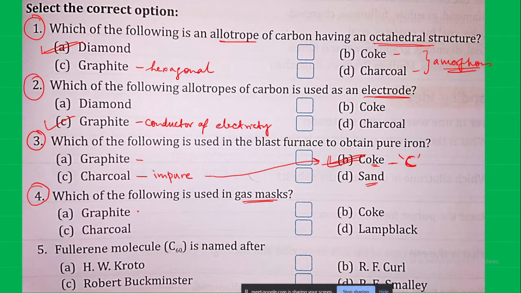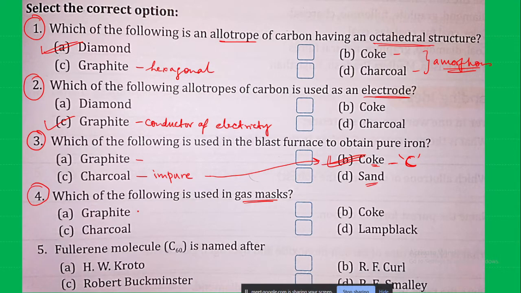Various forms of an element which differ in chemical properties but have identical physical properties are termed allotropes of that element. False.